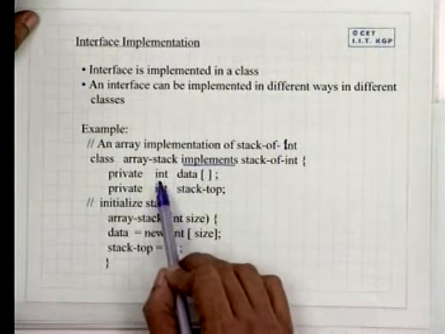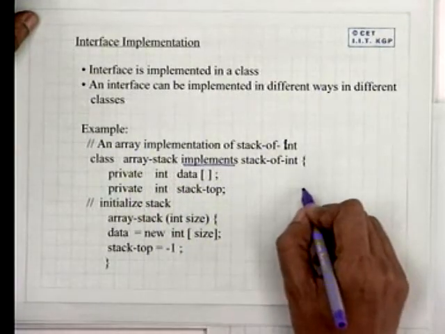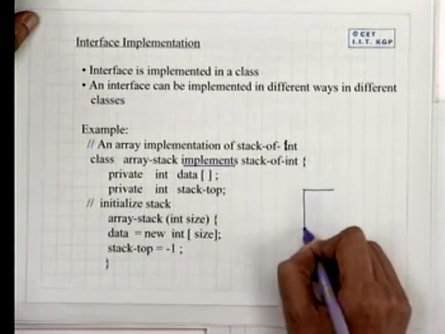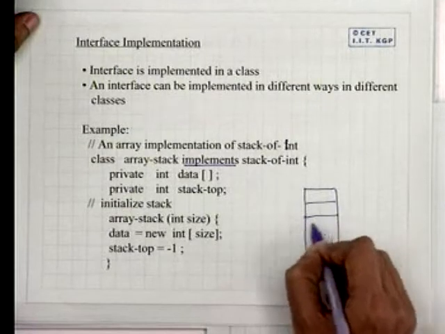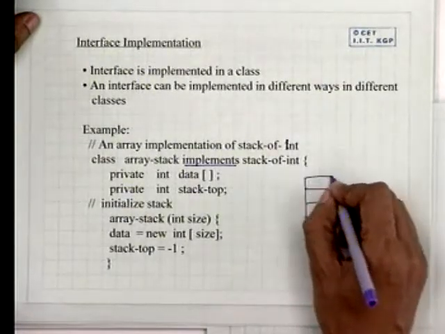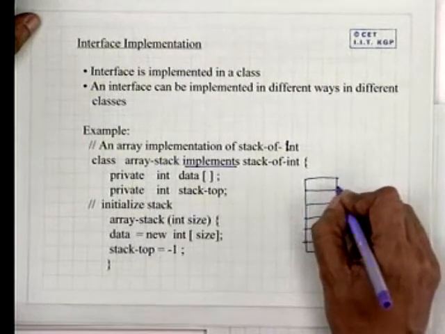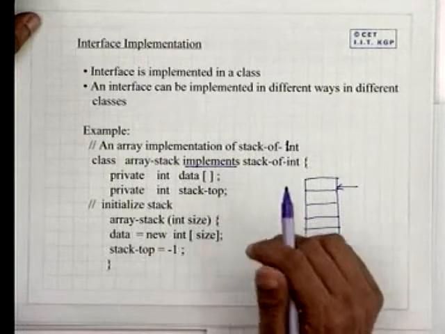So we are defining integer data. Here is an array of int for the stack, so we have the array elements and an array dimension. We are keeping an index which is the topmost element of the stack, the topmost index.